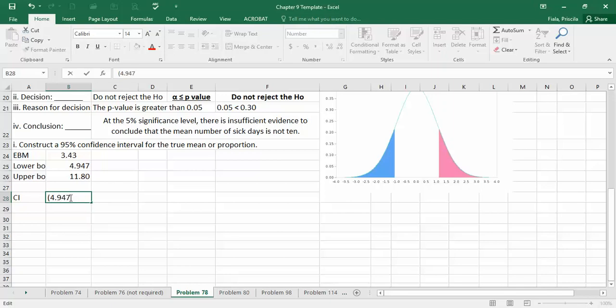You can put it with 3 digits, it's fine. And then 11, so it's between a little lower than 5 days and a little higher, almost 12 days.